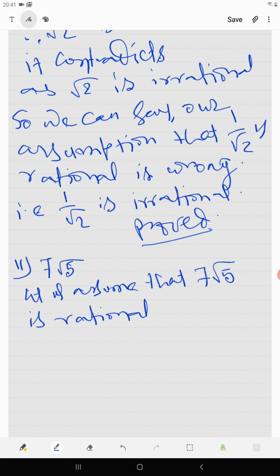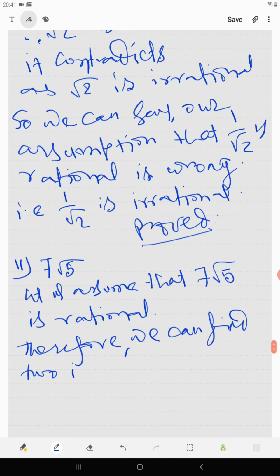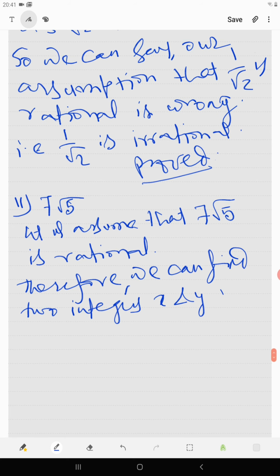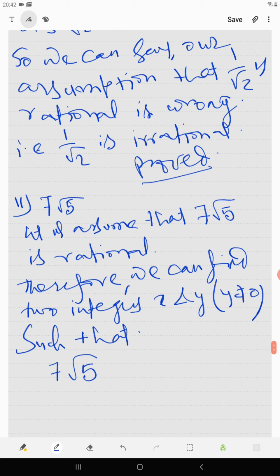Therefore, we can find two integers x and y, and of course y not equal to 0, such that 7 root 5 equals x by y. Okay, so we assume that 7 root 5 is rational.